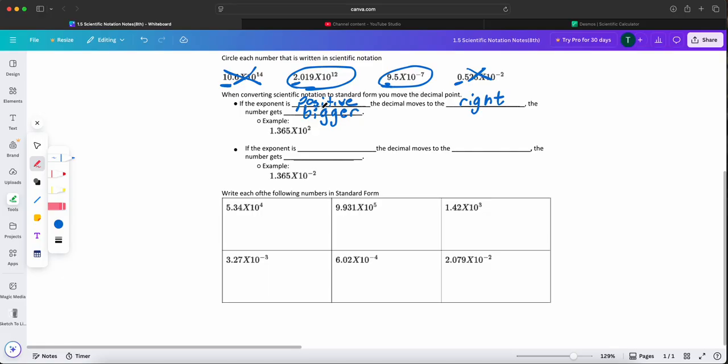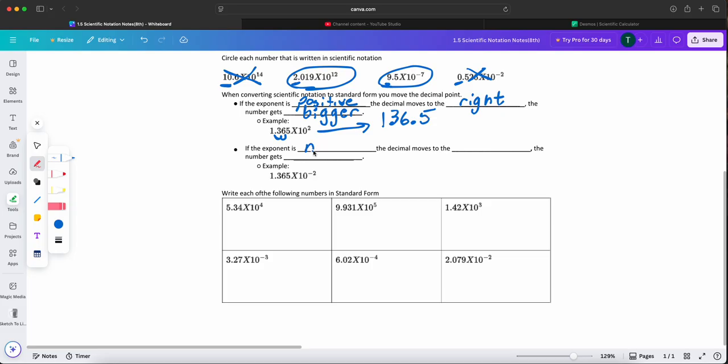So like in this case, it has 1.365 times 10 to the 2. So positive means I move right, and my exponent tells me how many. So I moved it behind the 6. So this number is actually 136.5 because I moved that decimal place twice.